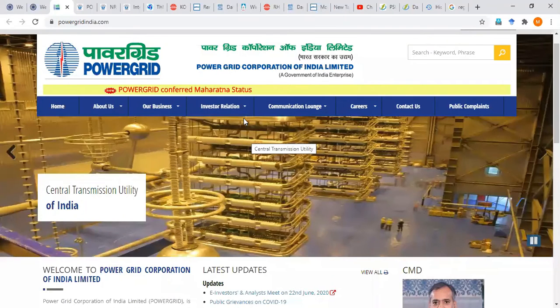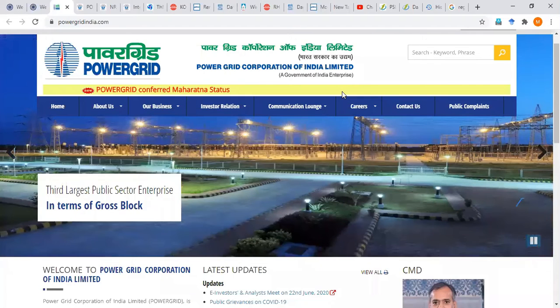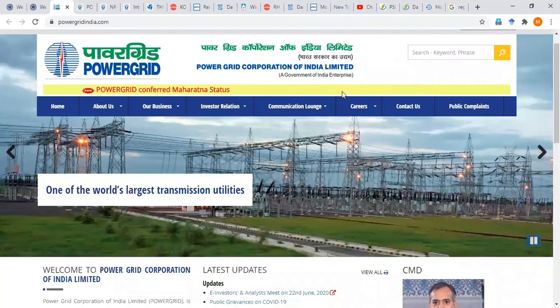In Power Grid also you may have a career after your graduation. They are recruiting based on GATE score, and they even have packages of more than 12 lakhs. So this is, I can say, a dream company for most of the students. More than 12 lakhs means more than 1 lakh per month salary.